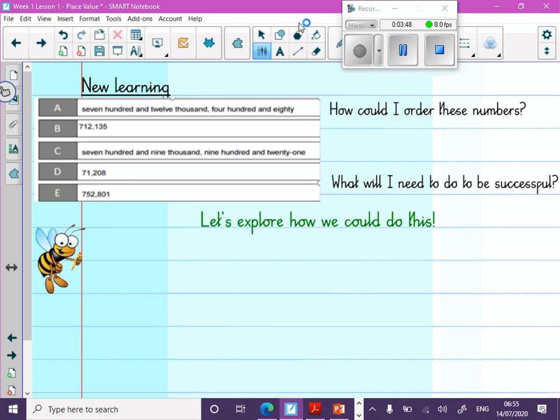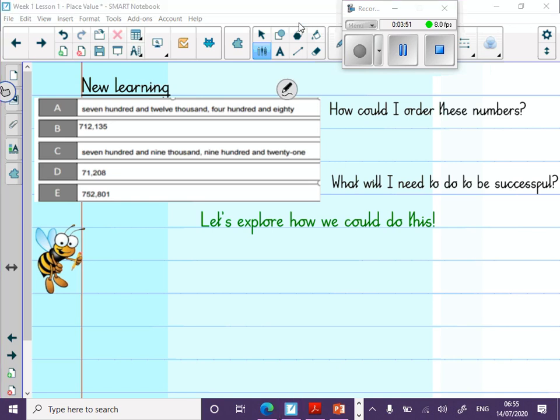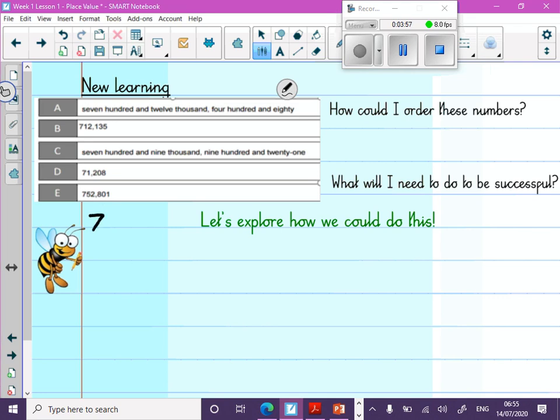So I'm going to write my words that are currently in numbers into digits. So I've got 712,480. Okay, and then I've got B, which is written already as digits for me, and then C, so I've got 709,000, so no 10,000s, 921.